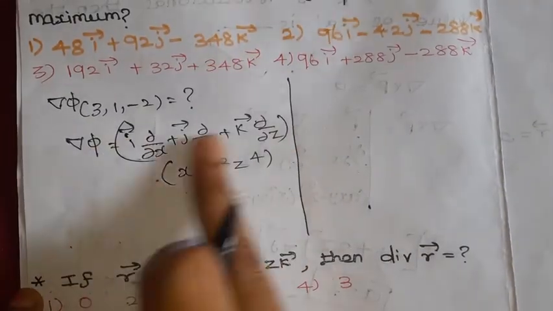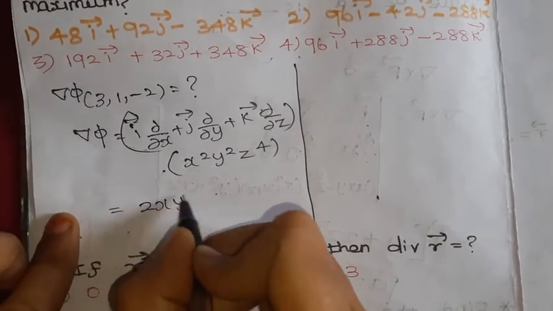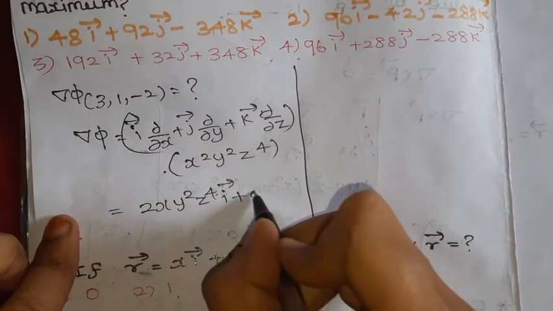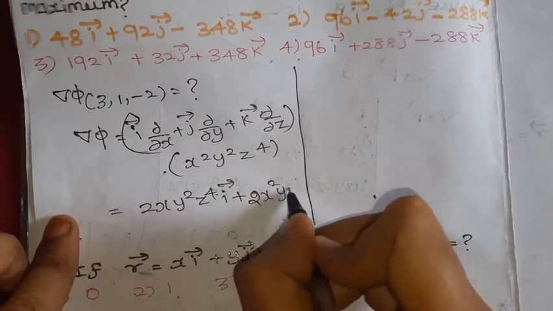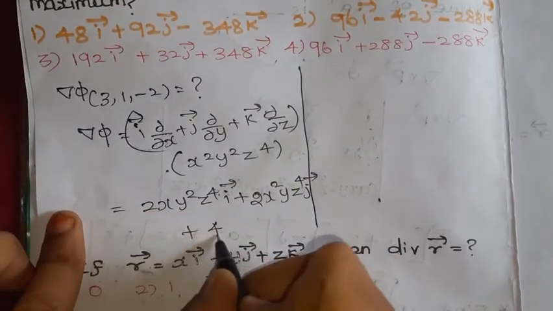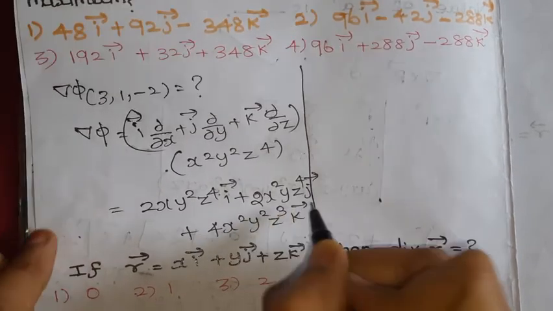So dou by dou x of this whole term, what do we get? 2x y squared z power 4 into i, then 2x squared y z power 4 into j, plus 4x squared y squared z cube into k.